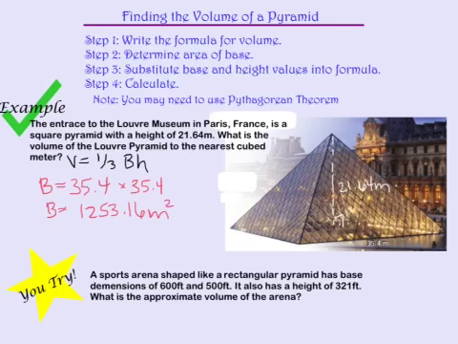Now my height they give me straight up, so volume equals 1/3 my base that I just found times my height, which they gave me in the problem to be 21.64. So let's multiply that.